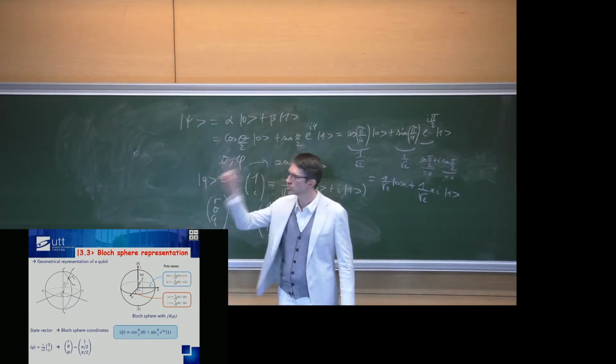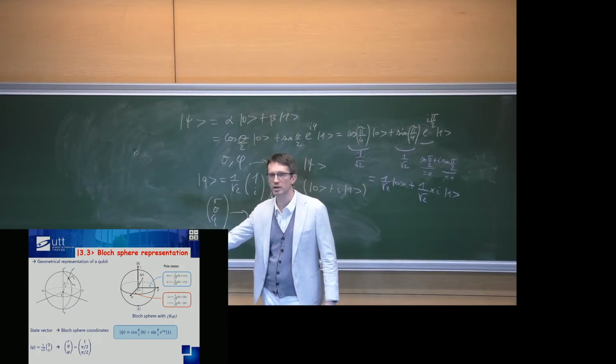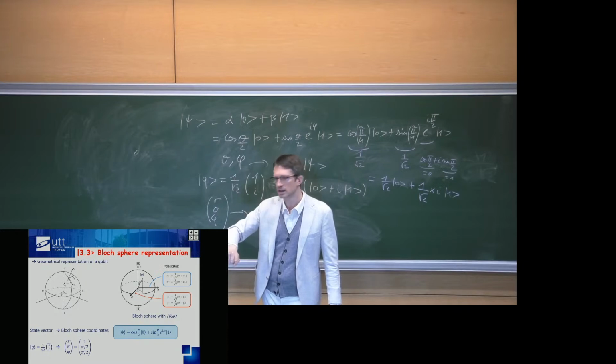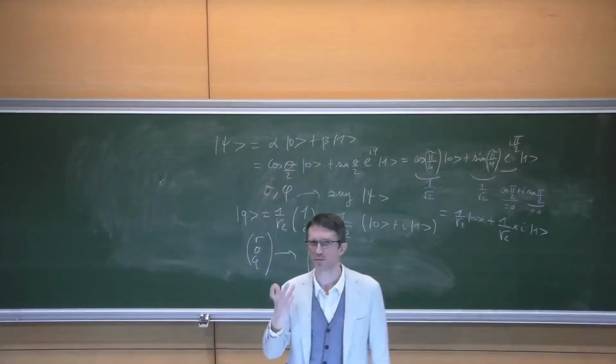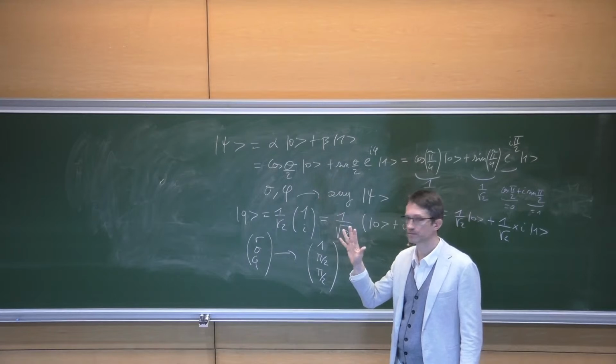When you use gates, the qubit will point in different directions. Once you're like this, and then you use a gate, you might be like this, and another gate like this, and so on. So it's a nice way of picturing the various manipulations on the qubit.